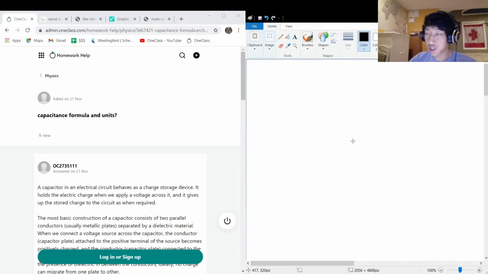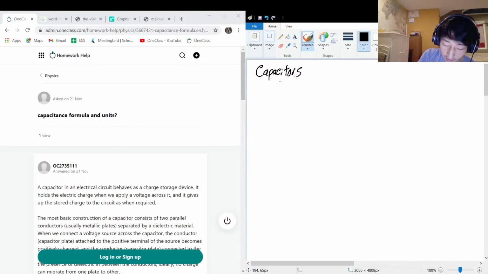The next question that we got on the menu today is about capacitance, and it's asking about the formula and units. It's kind of an open-ended question, but let's rewind for a second. Capacitance only exists when we have capacitors. Let's think about the word capacitors.